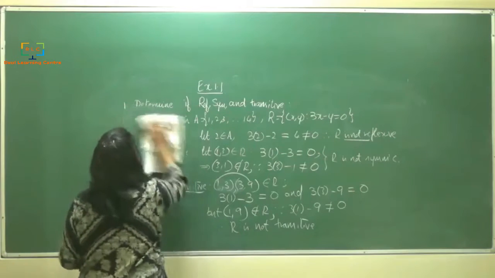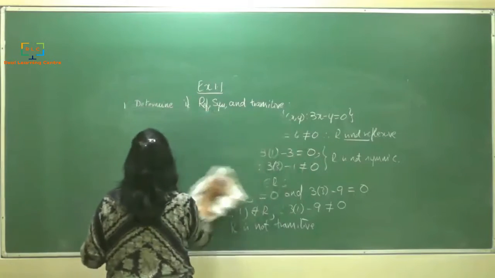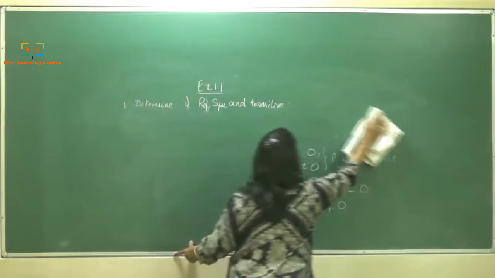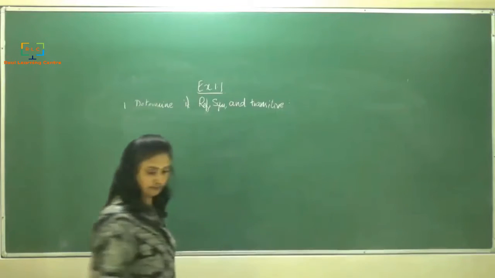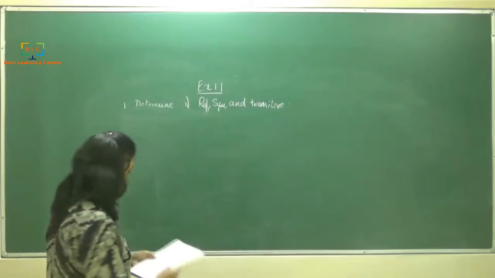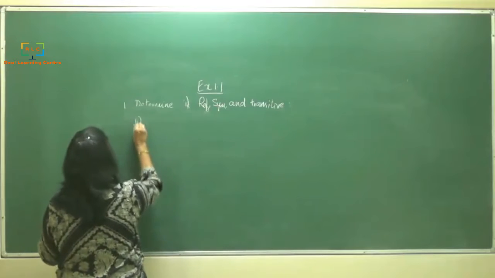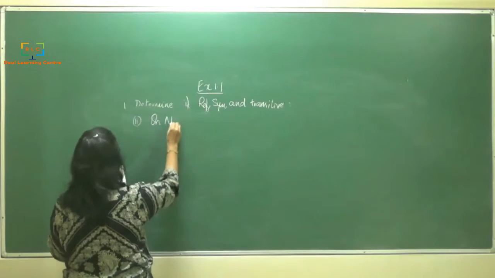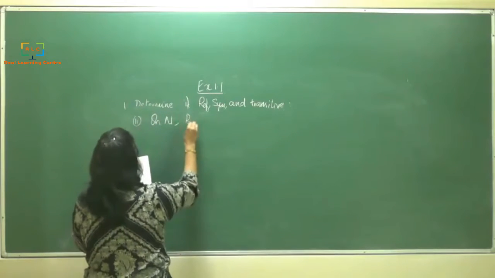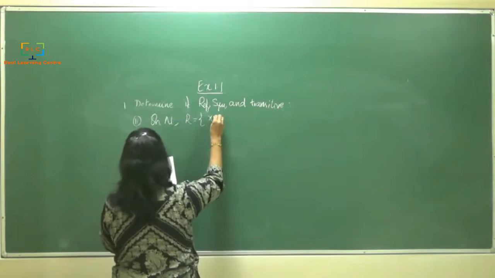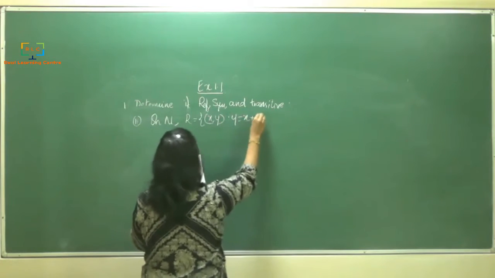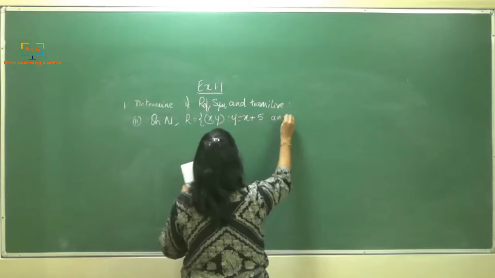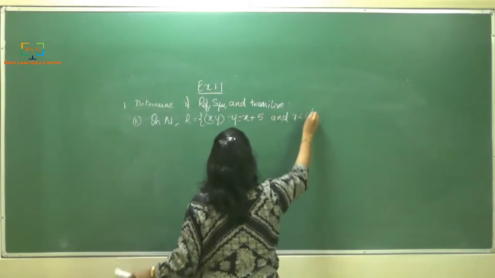Now I shall go for the second sub question in the first question. See, your second sub question, they are talking on natural numbers, and R is equal to {(x, y) such that y is equal to x plus 5 and x is less than 4}.